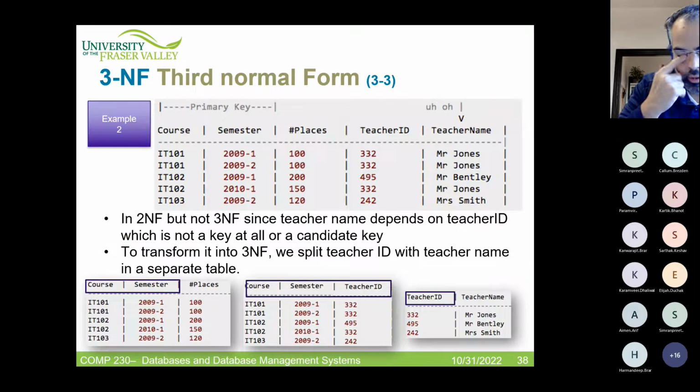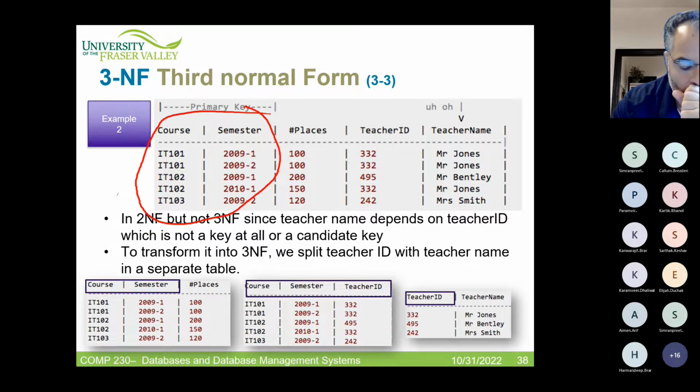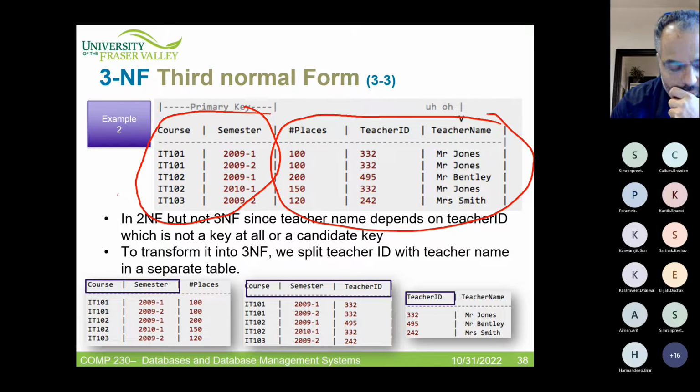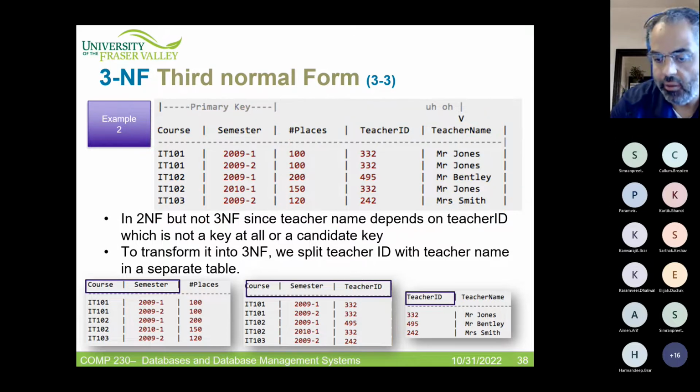Example here. So here we have the primary key, course and semester, as a primary key. And we have here these non-primary attributes. Let's study dependencies. Let's see what dependencies we have here.